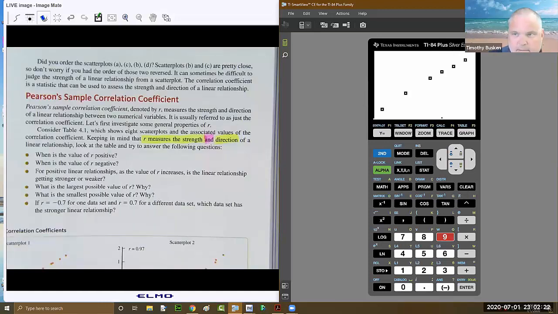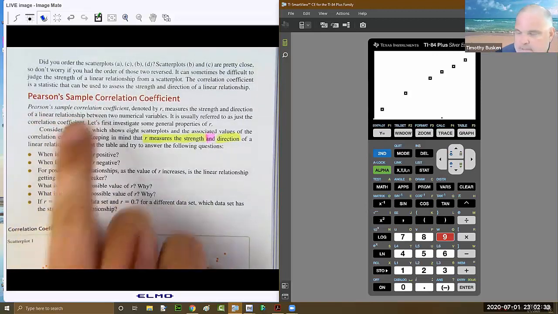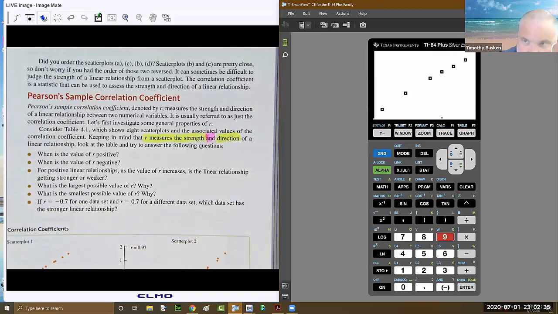Okay, let's go ahead and talk about Pearson's sample correlation coefficient, or simply the correlation number. Pearson's sample correlation coefficient is going to be represented by lowercase r. That's a number.